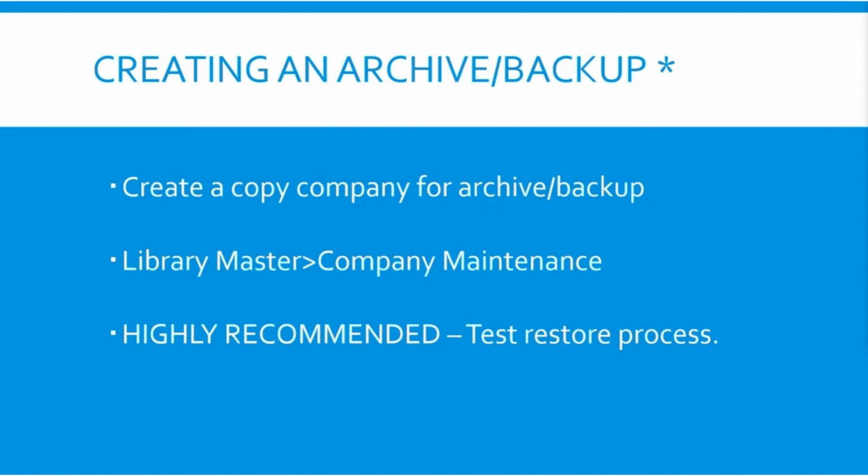We're cleaning it up out of the production company to speed up performance of the system, but at the same time, we've got it retained in a backup company if we wanted to go back and get that. And by the way, I'm going to show you how to do this, but creating a company copy in Sage is really the same process that we use for doing backups.